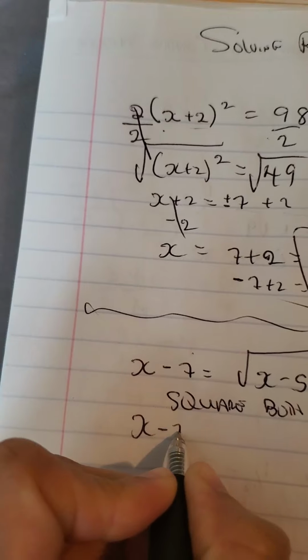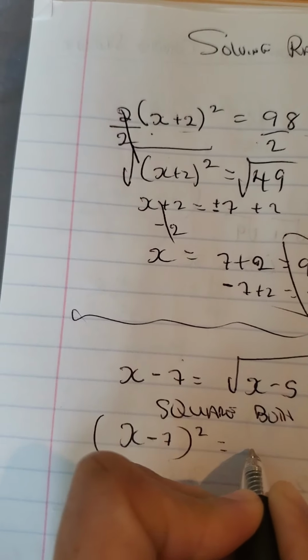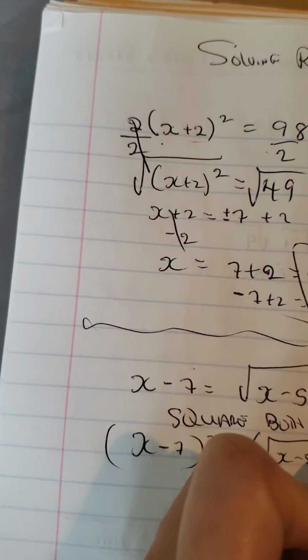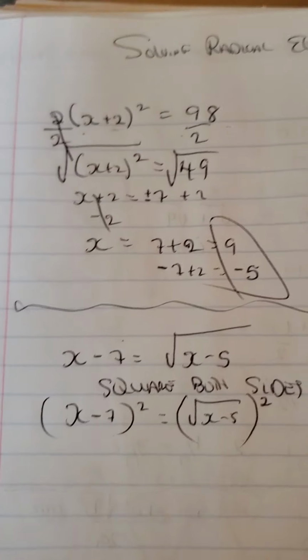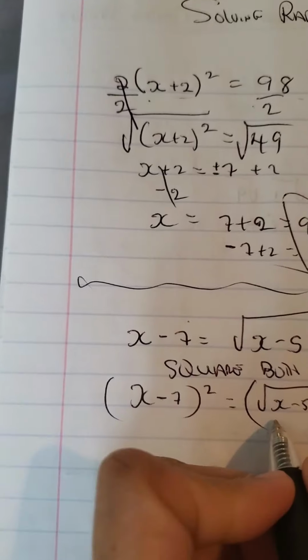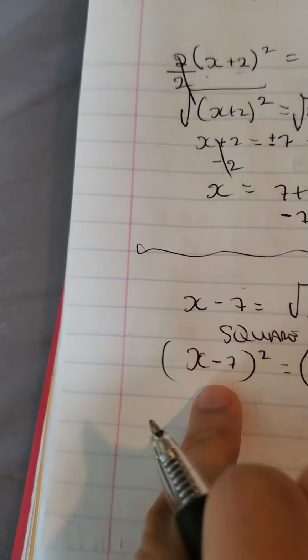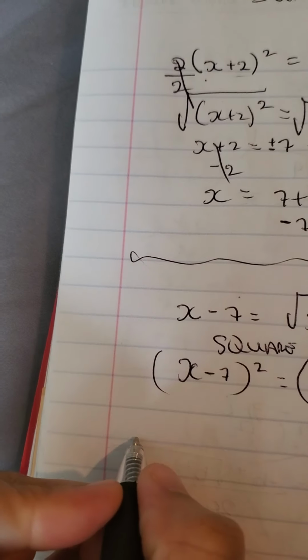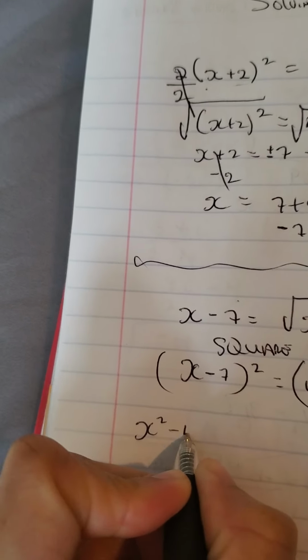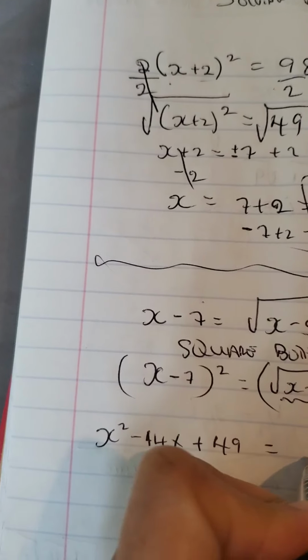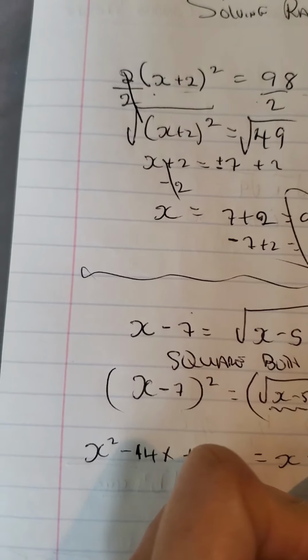So this is (x minus 7) squared equals (the square root of x minus 5) squared. And we know the rule, when you square a square root, you get what's inside. So we'll have to expand this expression on this side of the equation, and that should give us x squared minus 14x plus 49 equals x minus 5.